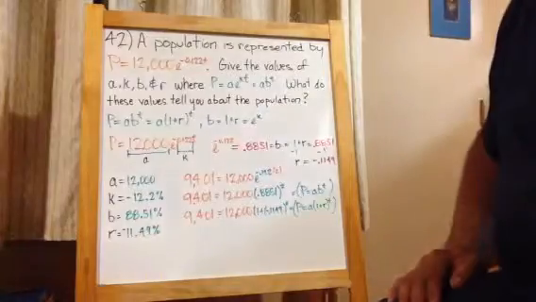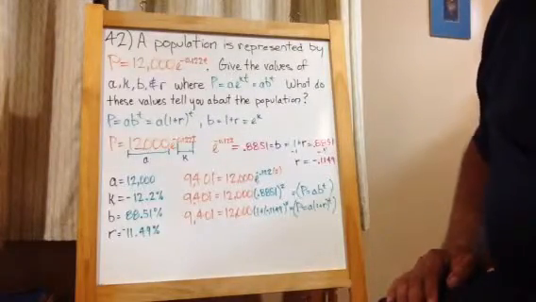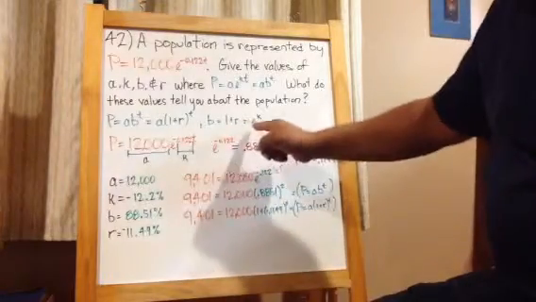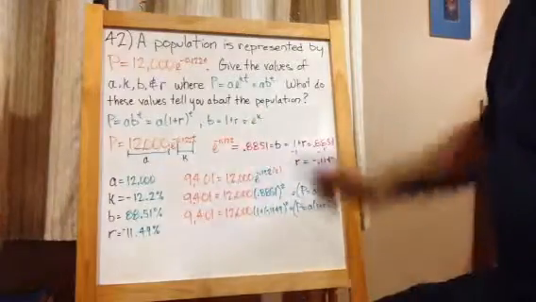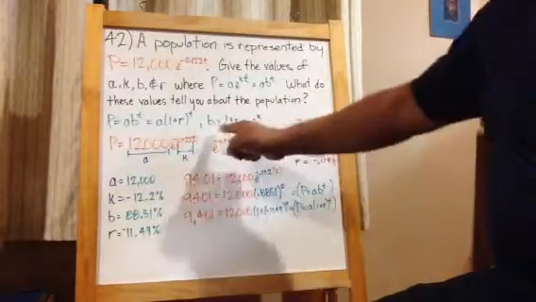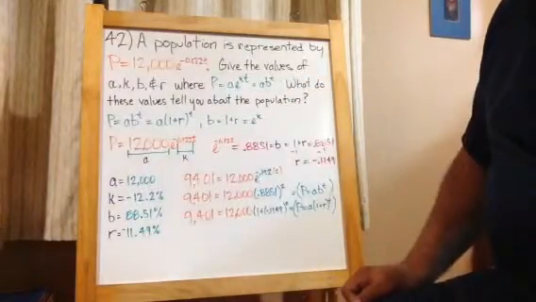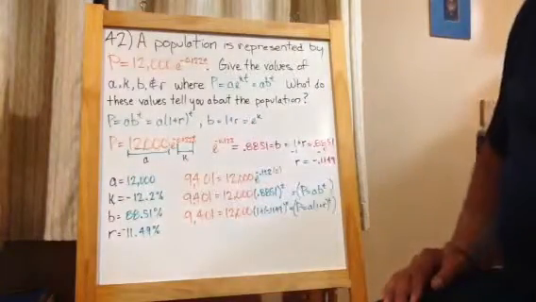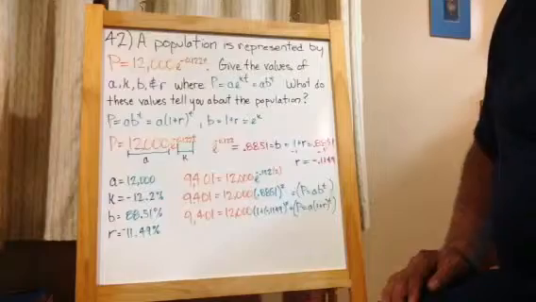So there's our r right there. Our book also tells us that if b is equal to 1 plus r, that's also equal to e to the k power. We can see here that everything's the same except for the b and e to the k. So b is equal to e to the k. That's pretty obvious. And here it's in the same place, 1 plus r. So now we can start looking for our r as well.